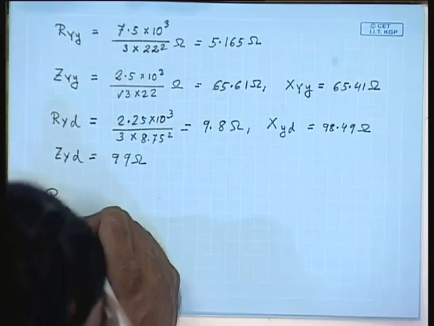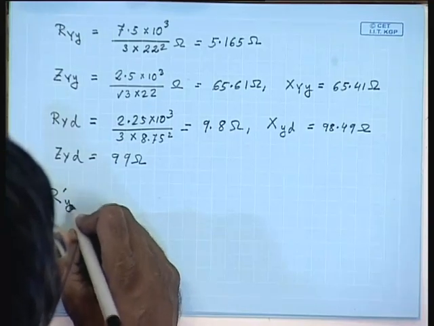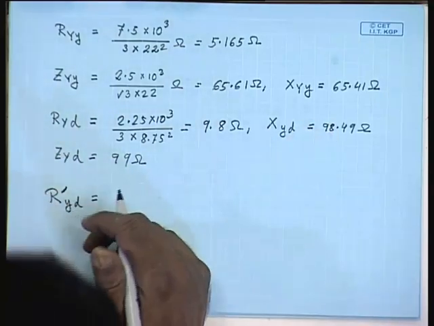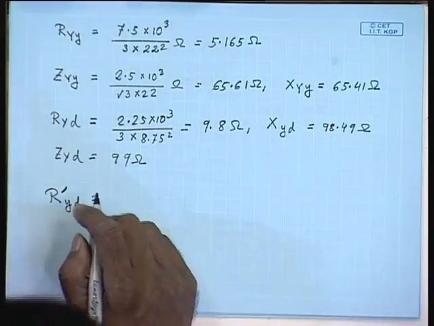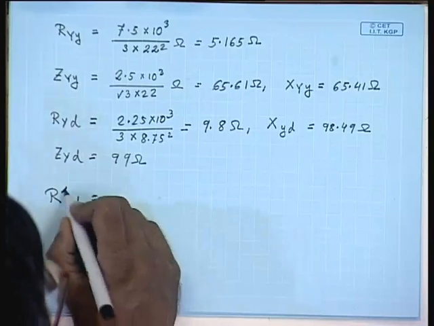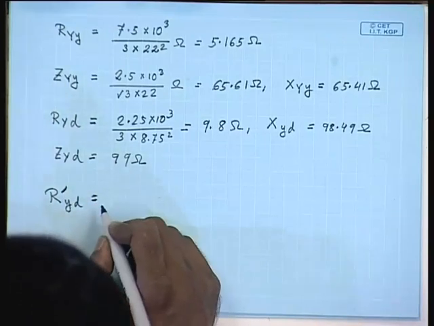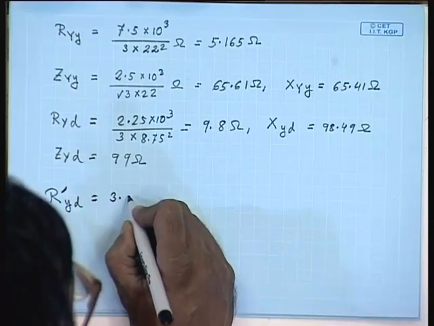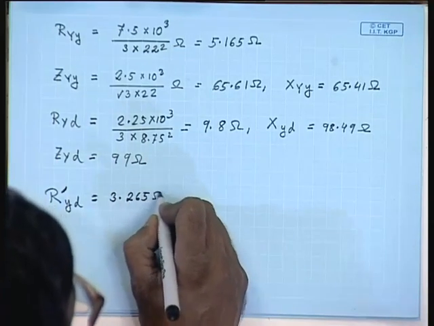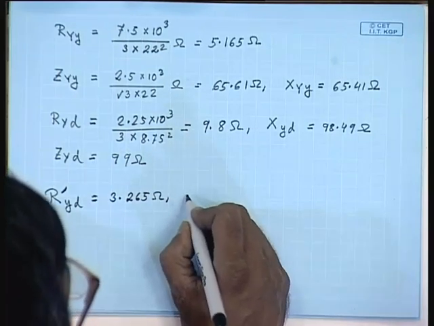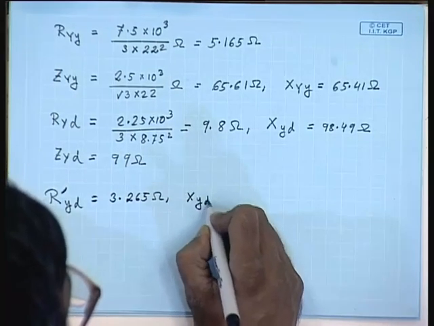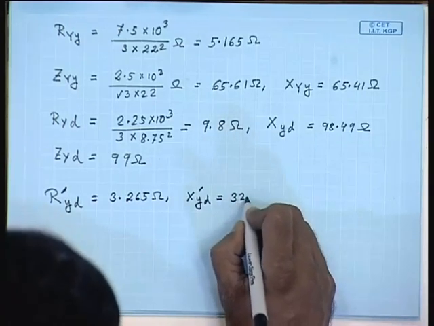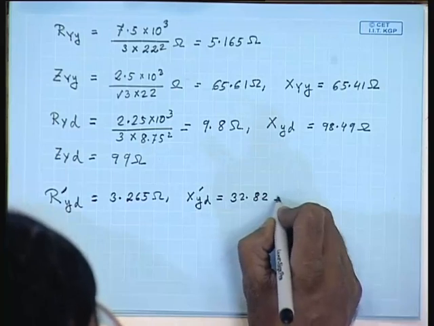R dash YD, R dash means referred to the 33 kV winding. This comes to 3.265 ohm, and XYD dash comes to be 32.83 ohm.